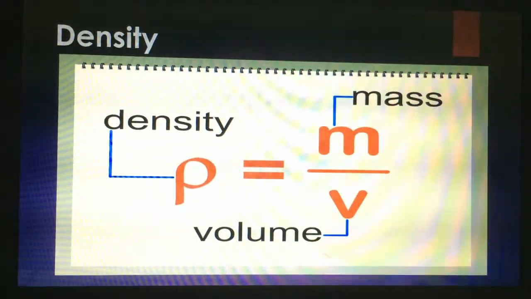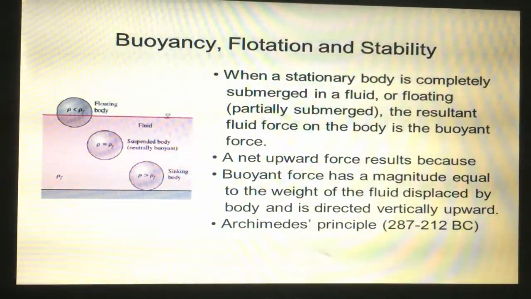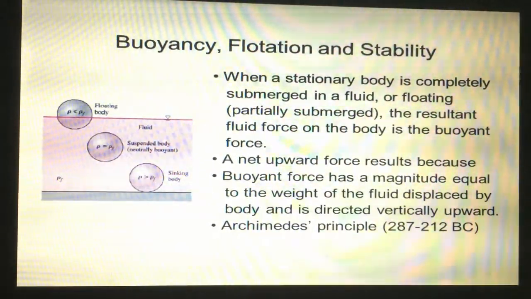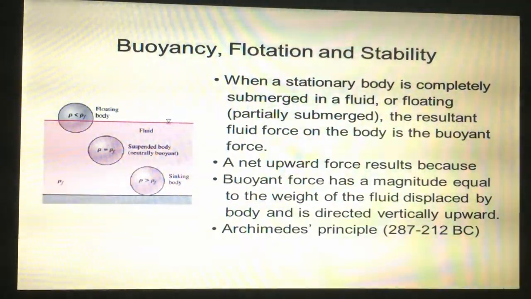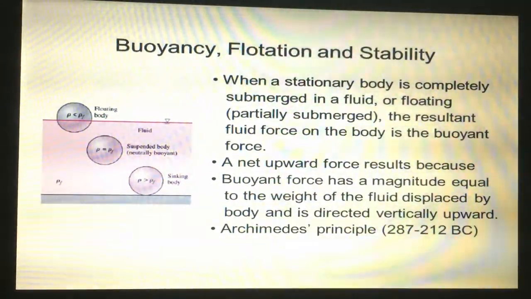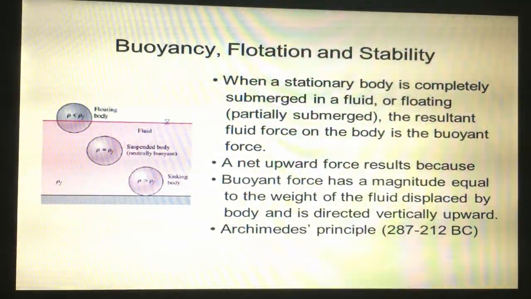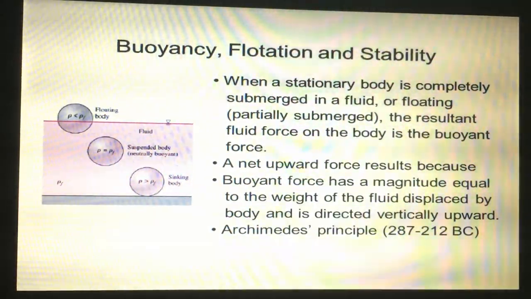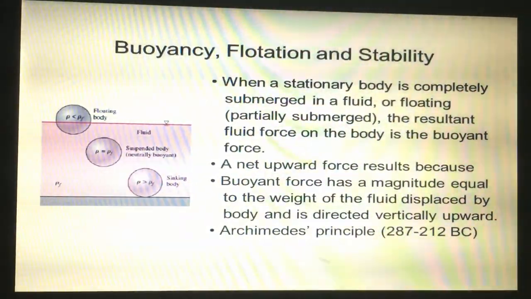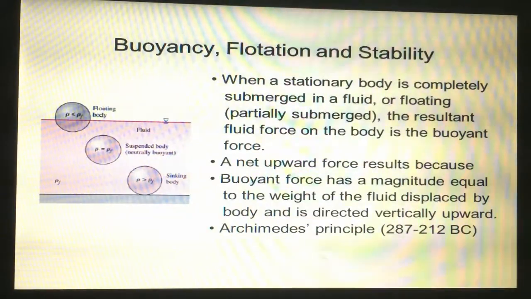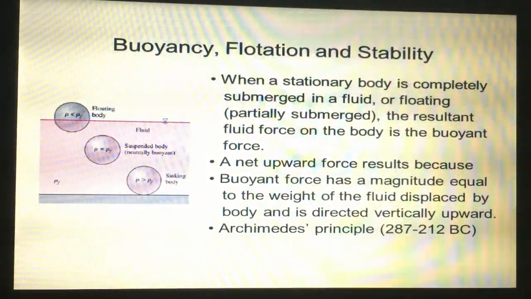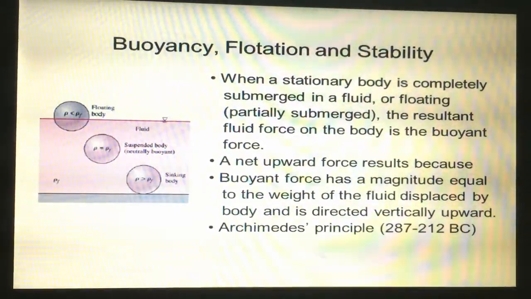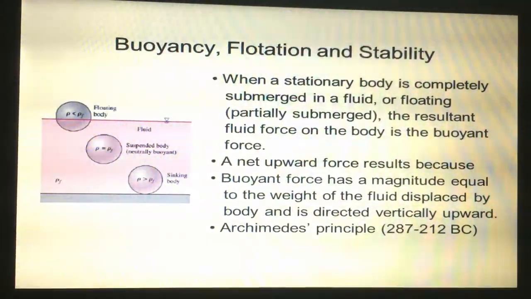To make it clearer, I prepared a diagram that relates buoyancy, floating, and stability. When the density of the body is less than the density of the liquid, the body will float. If the density of the body is equal to the density of the fluid, it will be neutrally buoyant.